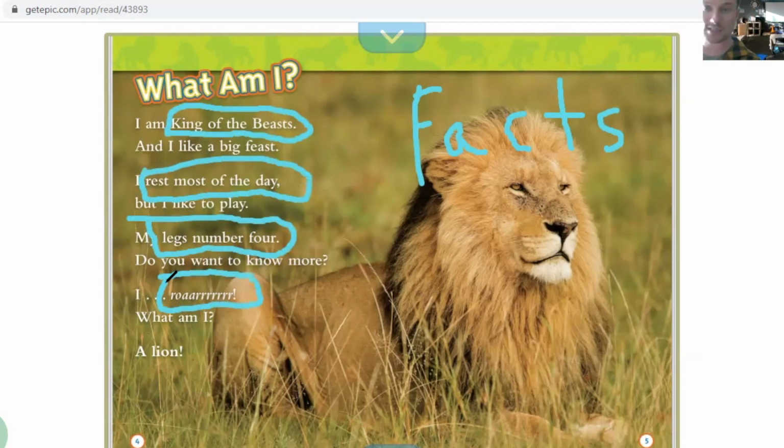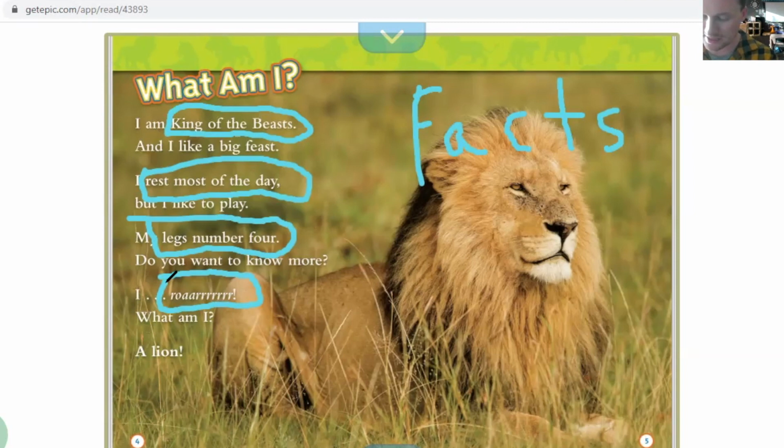So I'm going to write a couple down. But if you want to read that page while I'm writing it down, maybe you want to do that. I'm going to say a lion is the king. People often say it's the king because it has a big mane like a crown. Is the king of beasts.